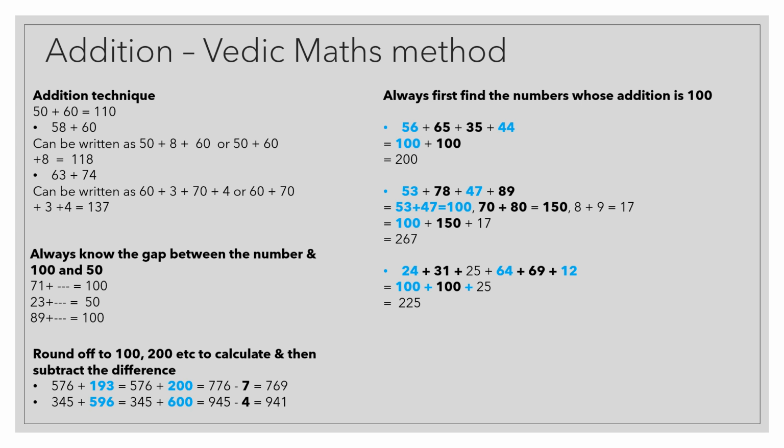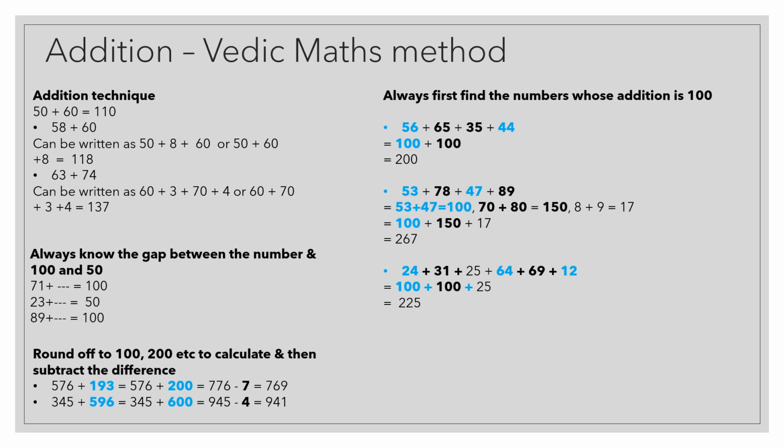Take another example: 24 plus 31 plus 25 plus 64 plus 69 plus 12. If you just take a look, 24 plus 64 plus 12 is 100, 31 plus 69 is 100, plus 25. The answer becomes 225.